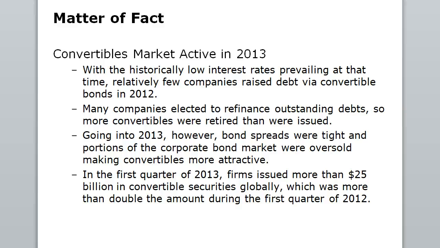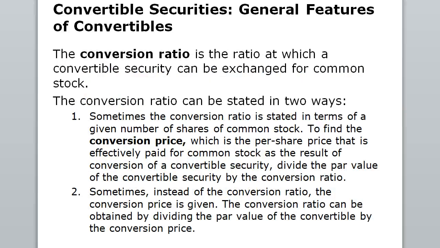Going into 2013, however, the bond spreads were tight and portions of the corporate bond market were oversold, making convertibles more attractive. In the first quarter of 2013, firms issued more than $25 billion in convertible securities globally, which is more than double 2012. So you can see that these convertible markets change with the environment, the economy and interest rates. Sometimes the convertible markets are more active than others.